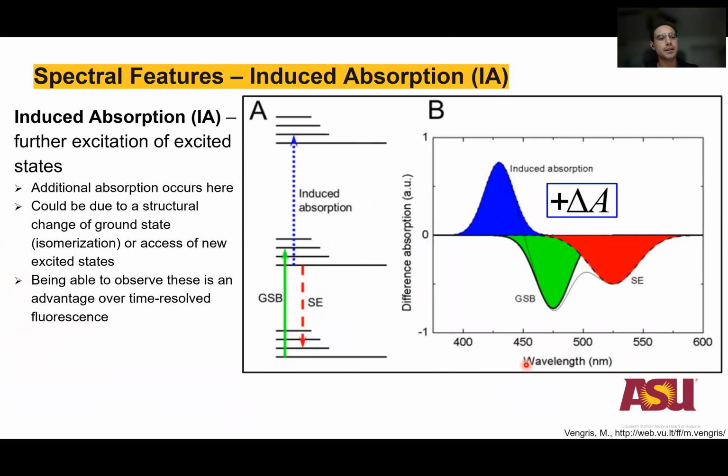And then finally, we're going to have induced absorption, which correlates to further excitation of excited states. So this is where additional absorption of excited states occurs, where you're forming even higher excited states. And so this is also assuming that these excited states are non-emitting, right?